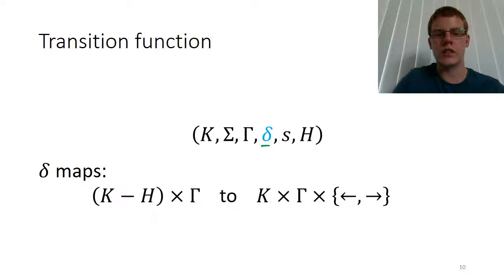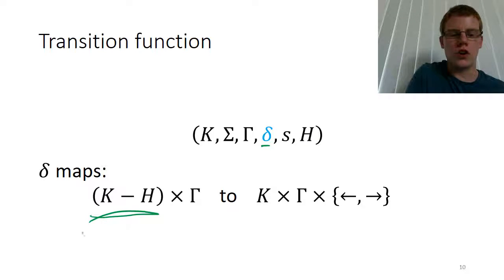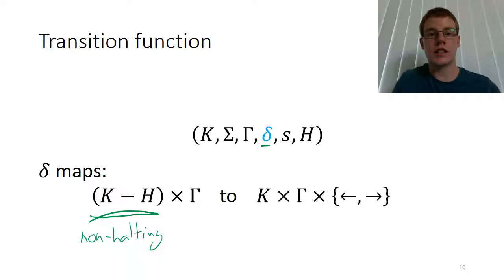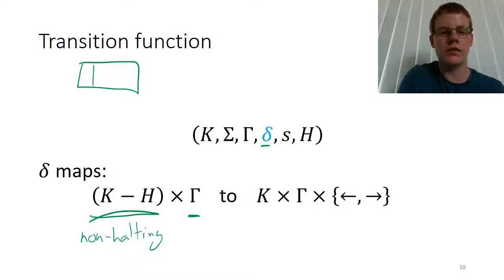Now what that transition function says is that given a non-halting state, so that is one of the states from K that isn't a state in which the machine just halts in, and a tape symbol, so that is the symbol that's currently sitting under the head of our tape.